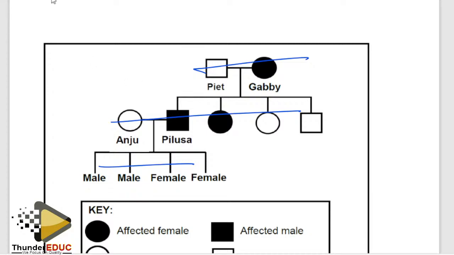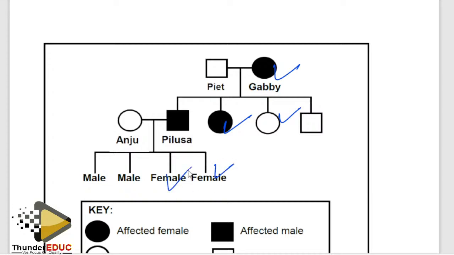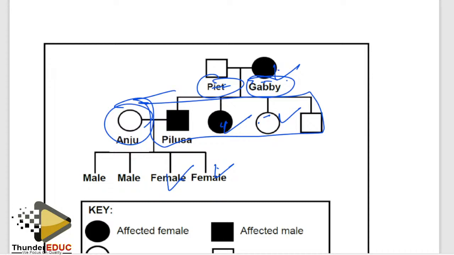How many females are in this family tree? Females: 1, 2, 3, 4, 5. Is it clear? How many females were produced by the couple? It's going to be females 1, 2. This one is a family member, but not a kid of this couple, so it's only these ones who are the kids. I think I'm clear there.